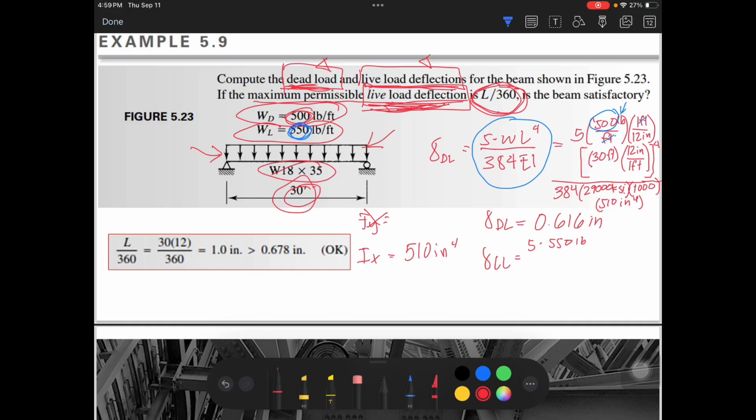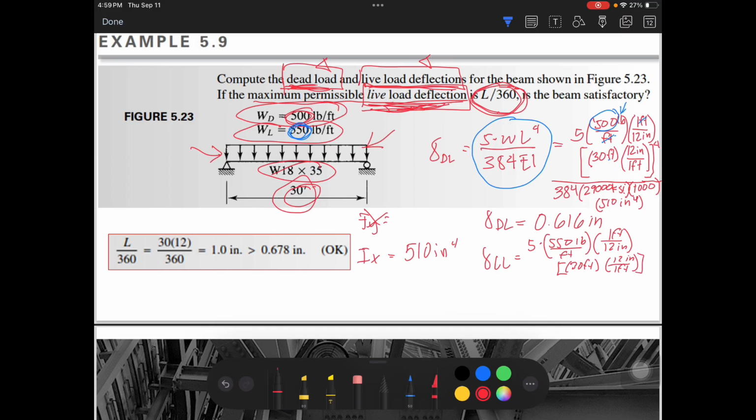550 pounds per feet. Conversion natin, it's 1 foot, 12 inches, times 30 feet, times 12 inch over 1 foot.